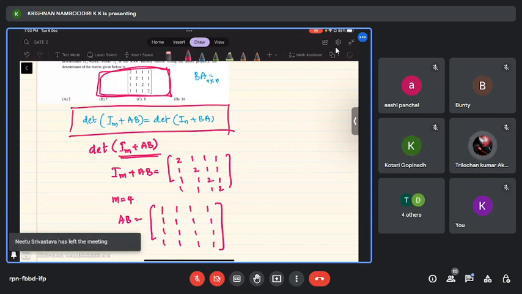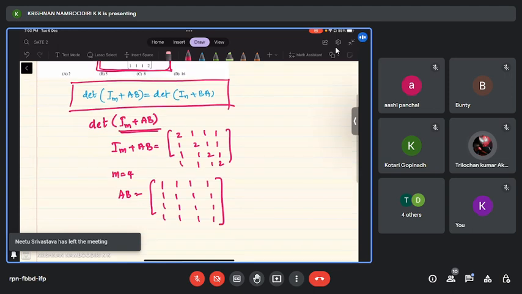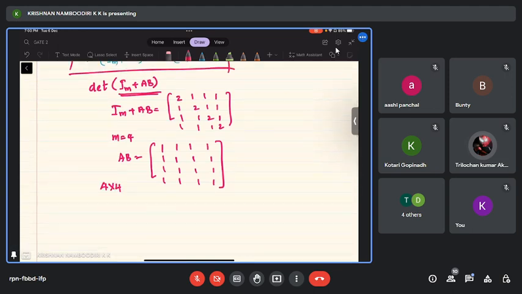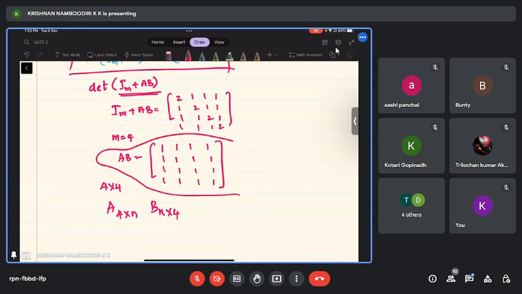Yes, sir. Correct. So AB is a 4 cross 4 matrix, right? So how can we get this matrix by some A and B of some size? A is of size 4 into some n, B is of size n into some 4, and AB should be equal to this.